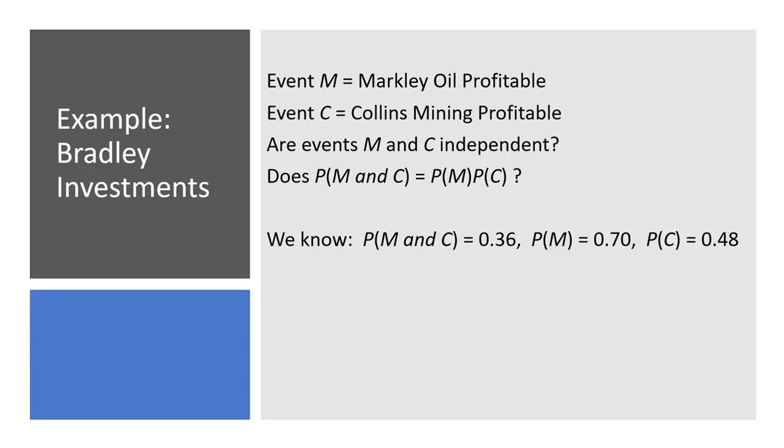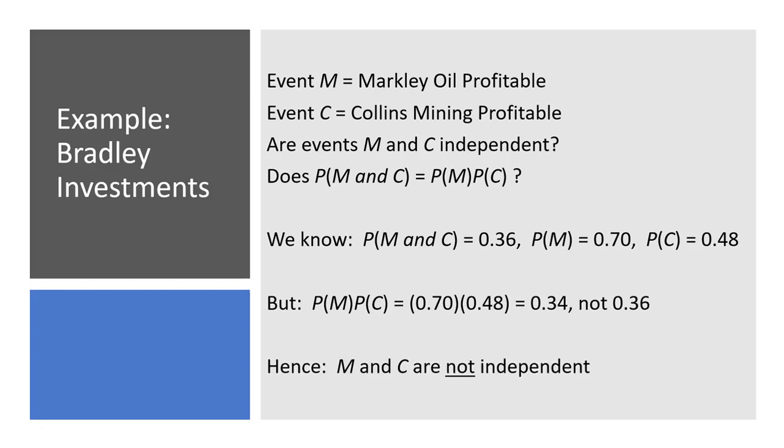We also found that the probability of Markley Oil being profitable was 0.7 and the probability of Collins Mining being profitable was 0.48. If we multiply those probabilities, we get a value of 0.34. When we calculated that joint probability in the past, we found that it was 0.36. So here we are able to conclude that these two events are not independent of one another.